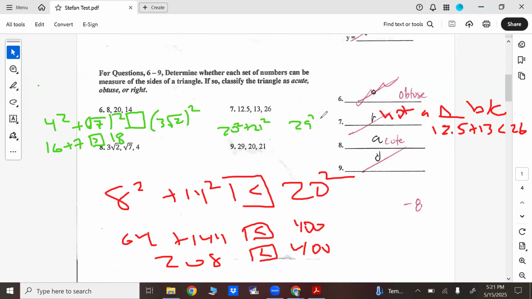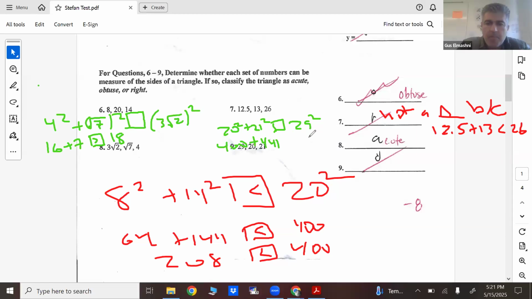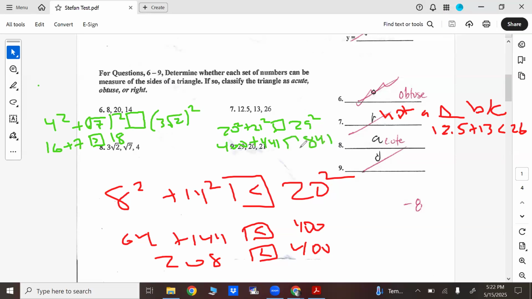So for 9 it'll be 841. That's the right triangle.